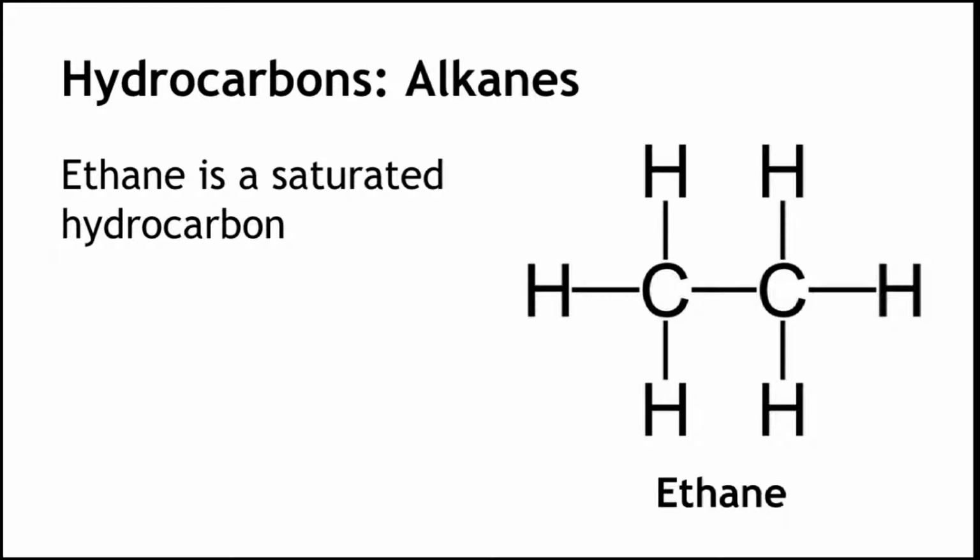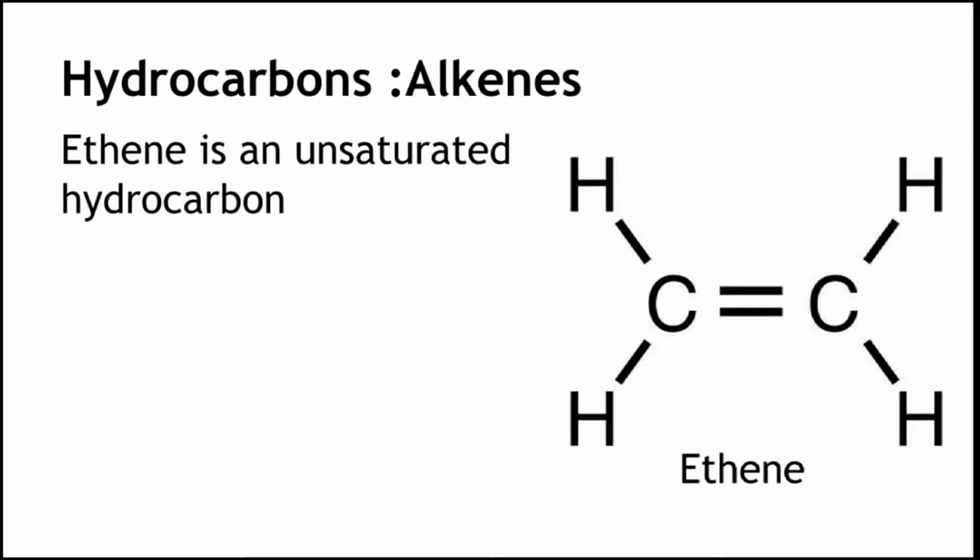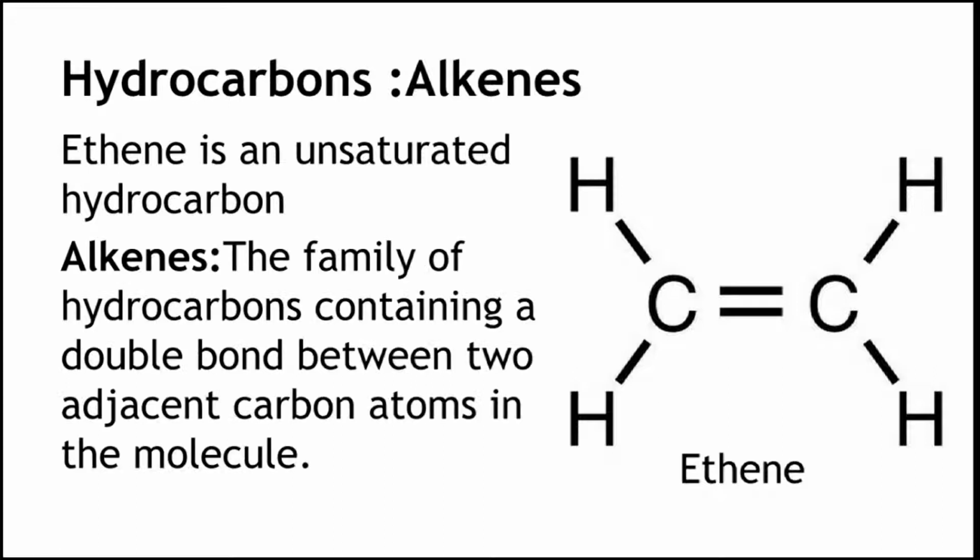Alkanes are a family of hydrocarbons with single covalent bonds between adjacent carbon atoms. The structure is drawn flat on the page purely for convenience. Alkenes are another family of hydrocarbons in which there is a double covalent bond between two adjacent carbon atoms.